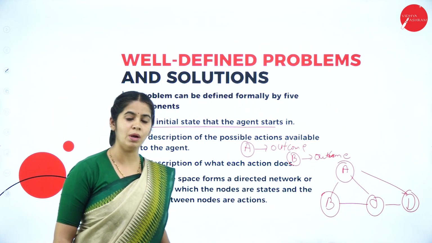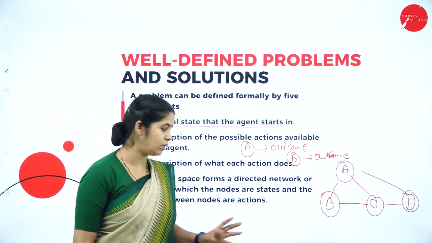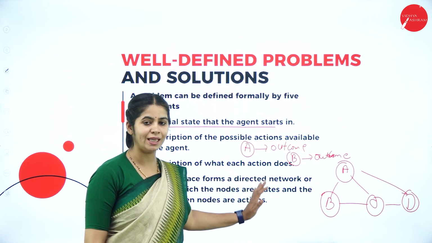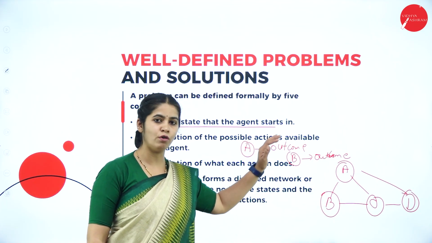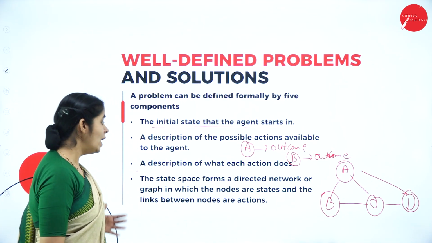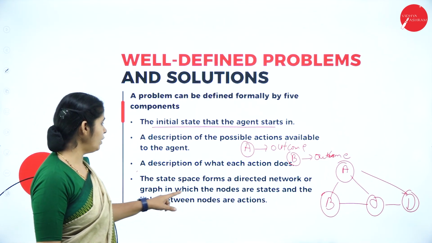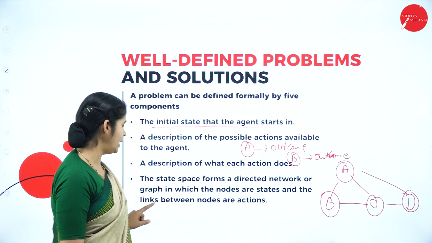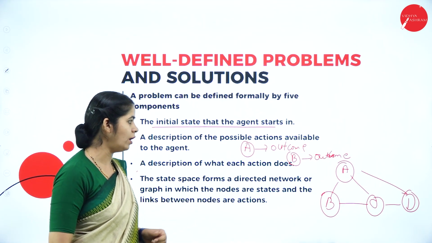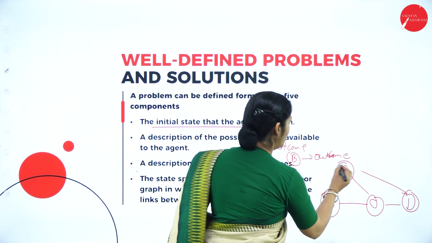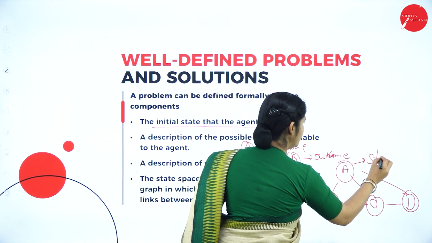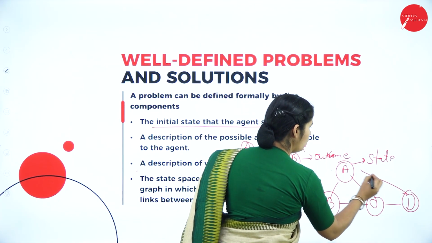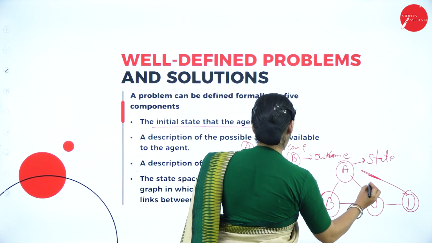State space is nothing but a number of nodes connected to each other in the form of a network, which can be represented as a graph or as a tree data structure. In the graph, the nodes are states and the links between the nodes are actions. These nodes are called states and the links we provide are called actions.